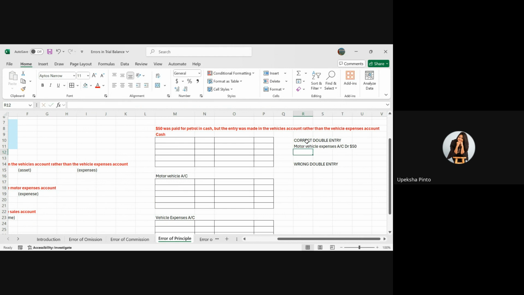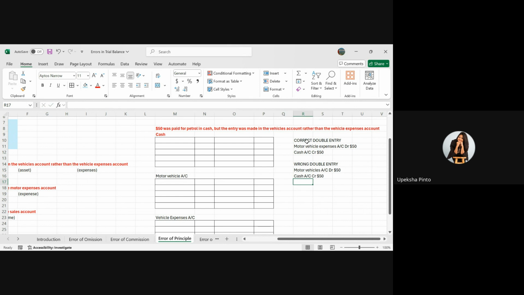And then I'm paying in cash, so the cash account is credited by 50. Then what's my wrong double entry? Instead of motor vehicle expense, I have gone and put it under the motor vehicles account as $50. And cash is the same, and that's correct. That I have done correctly.